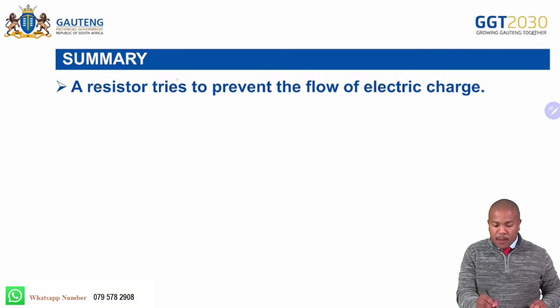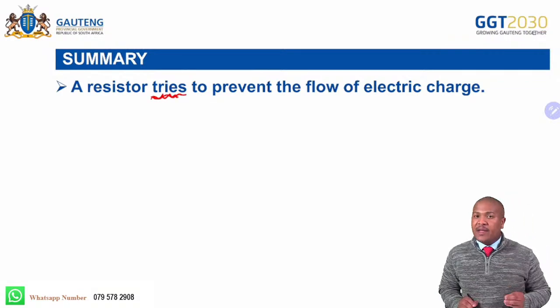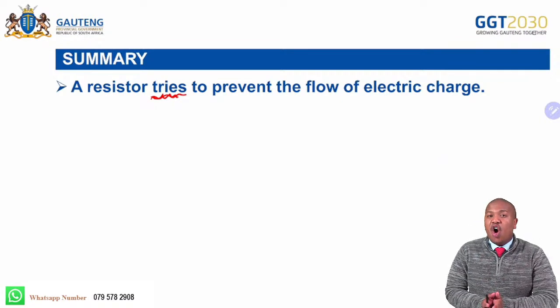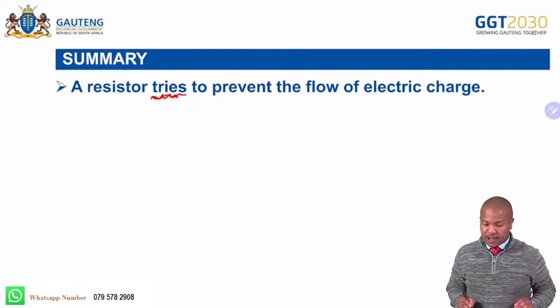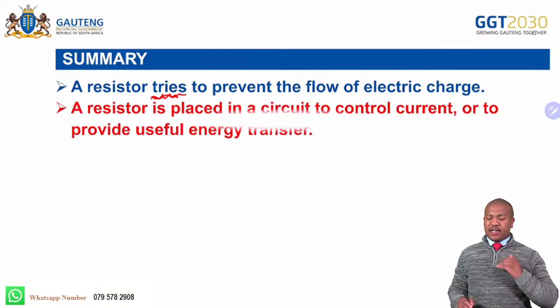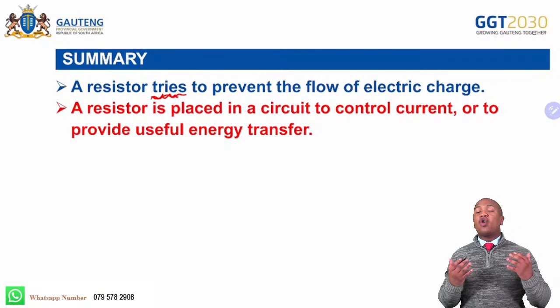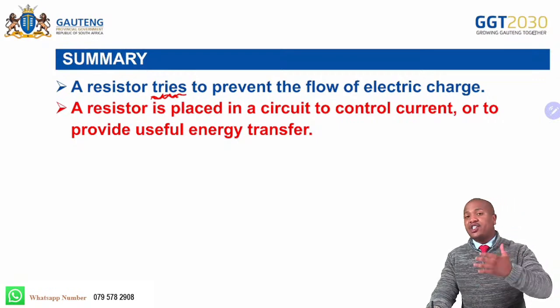Now, we highlighted this word here. We said it tries, meaning it can stop it completely or it can minimize the flow of current. Not only that, we said that a resistor is placed in a circuit to control current or to provide useful energy transfer.